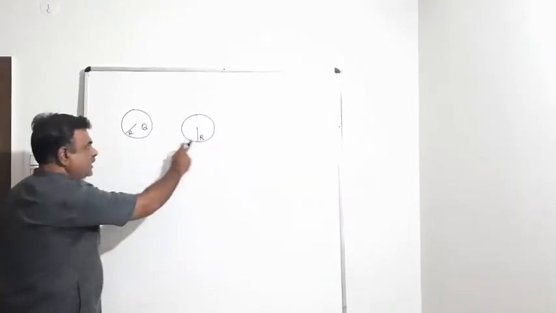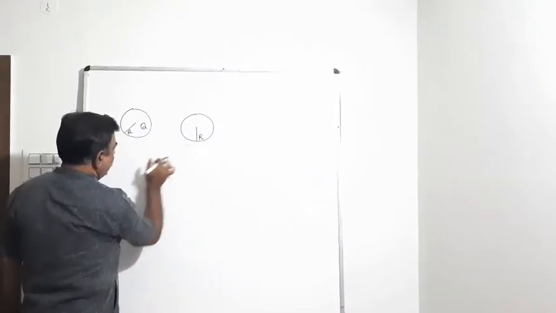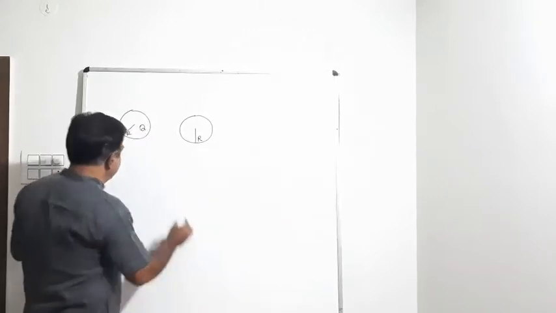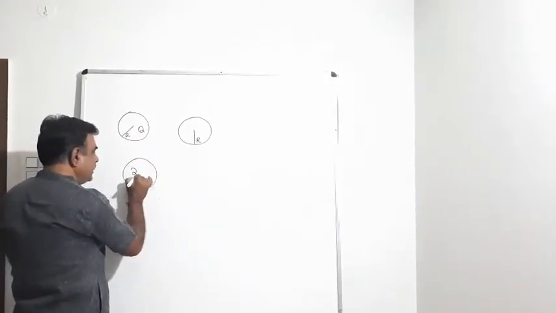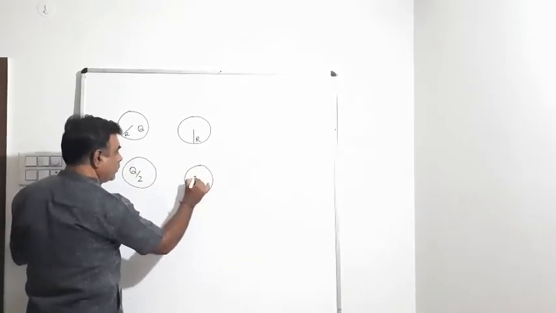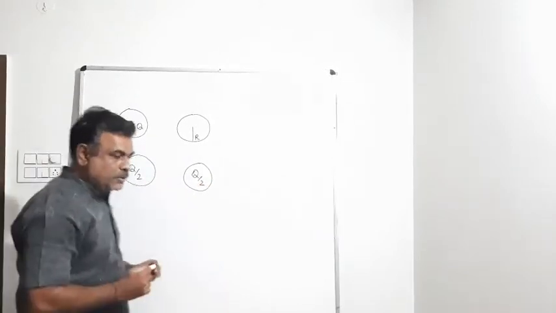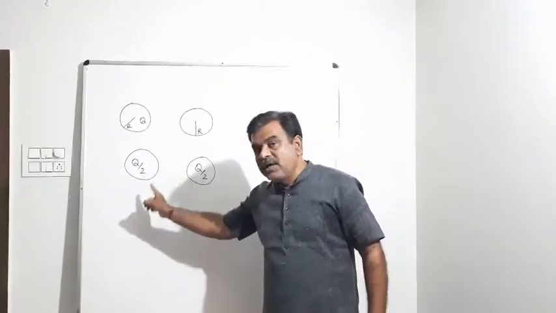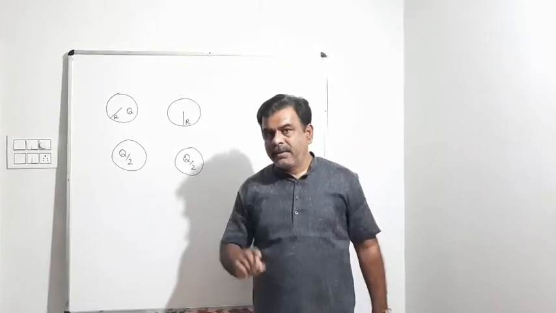As both spheres are identical in all senses, when I bring them in contact and separate them, the charge on each will be q by 2. So here both spheres were identical, so the total available charge has been equally divided into two parts.